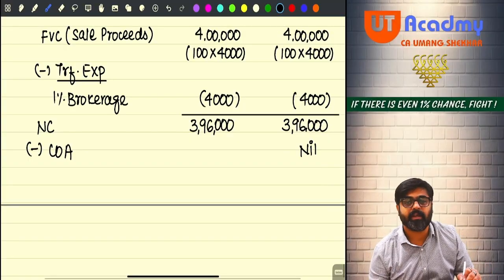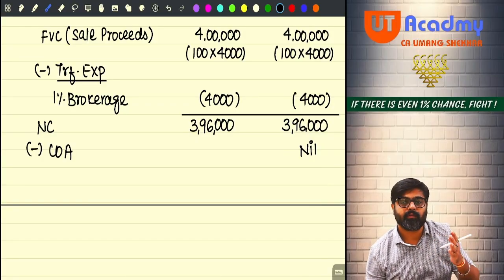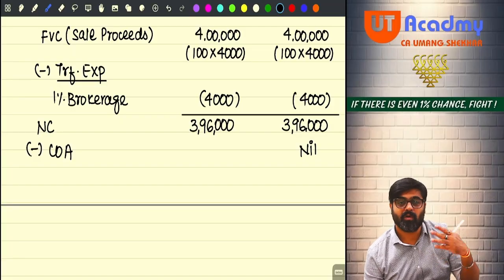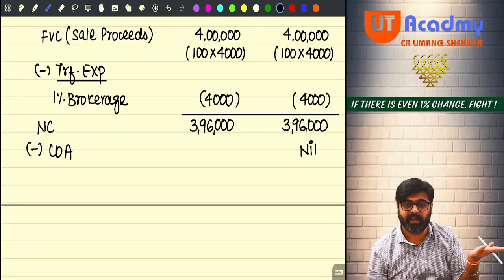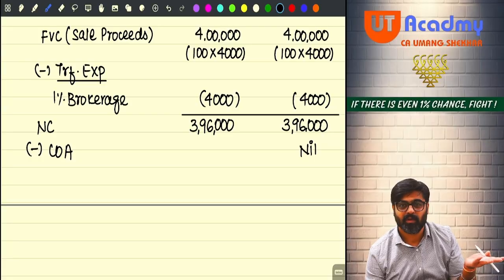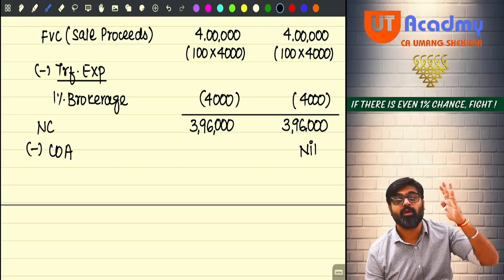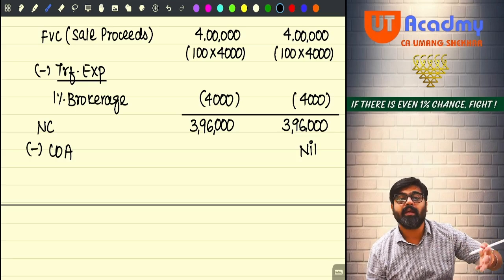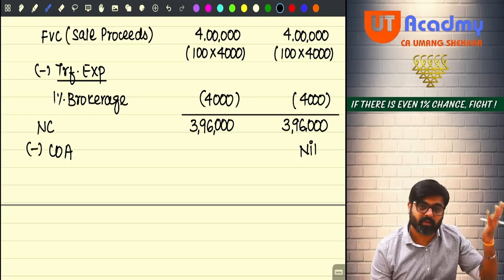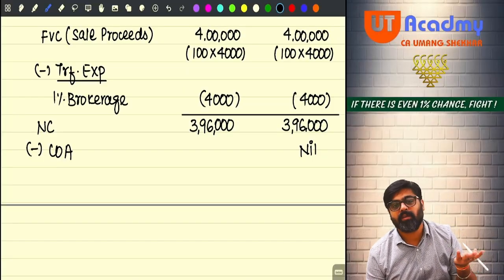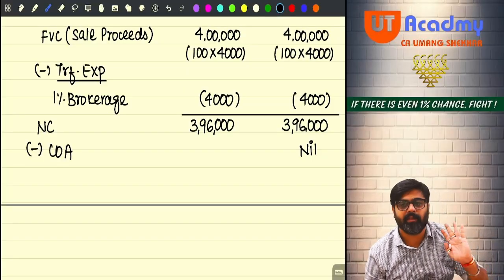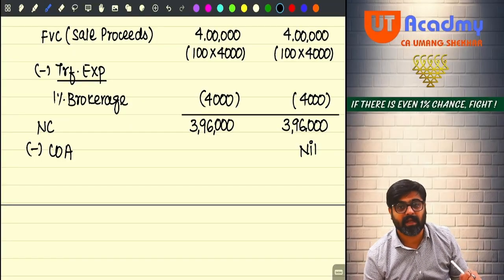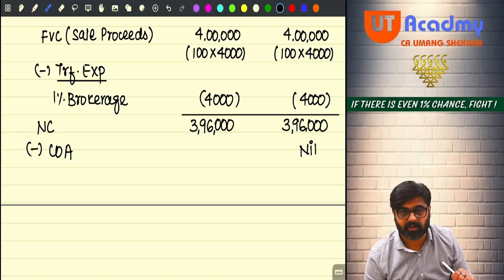Because the bonus shares are issued on or after 1st April 2001 and also on or after 1st February 2018. Yes or no? Whatever bonus shares which are issued on or after 1st April 2001 as well as on or after 1st February 2018, what is the actual cost? I will have to take nil only. But for the 100 purchased shares, I will have to now determine the cost of acquisition.